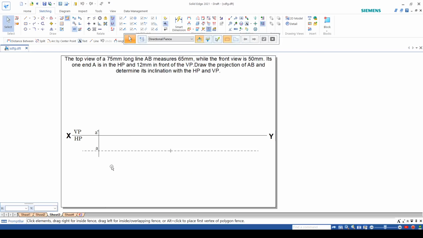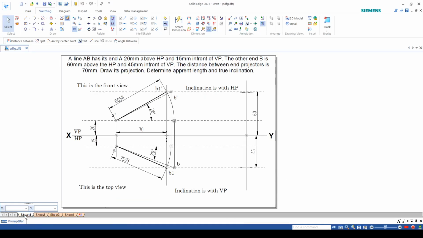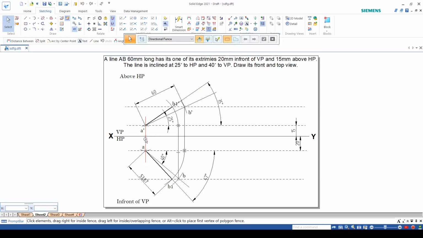These projections are always in a straight line. See here, they are in a straight line. The distance between these two projections is always the same. Here also, the distance between these two projections would be the same.